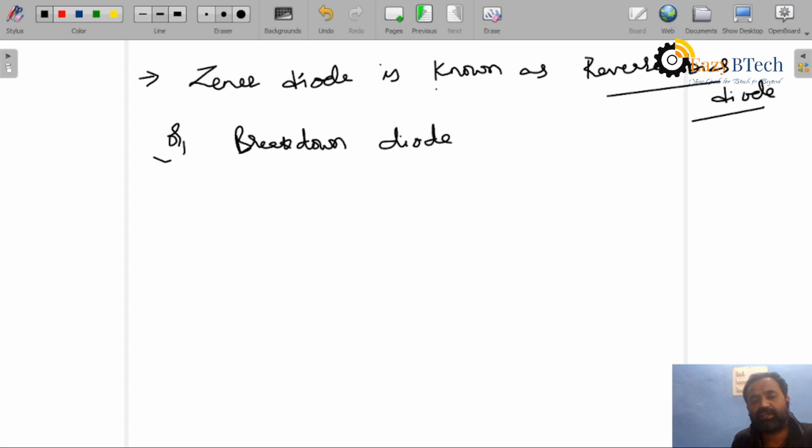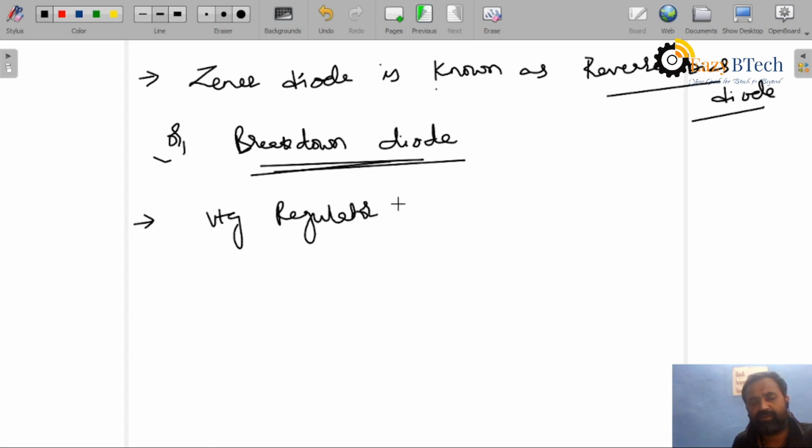It means the diode gets operated in a breakdown region. Now generally you can see voltage regulation, voltage regulator using Zener diode.